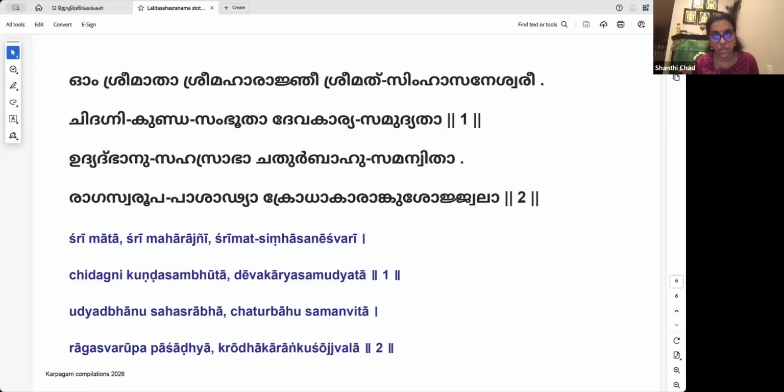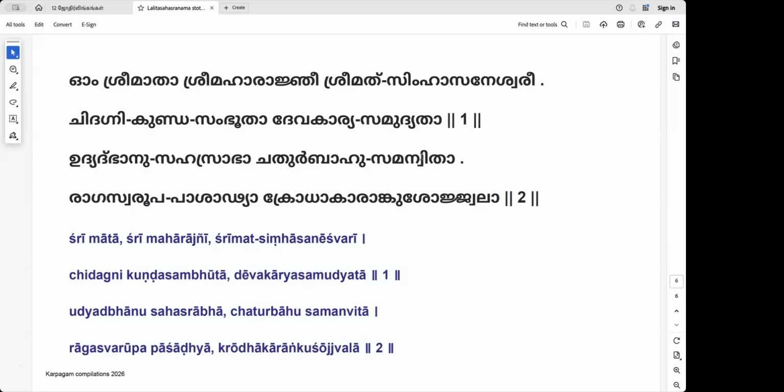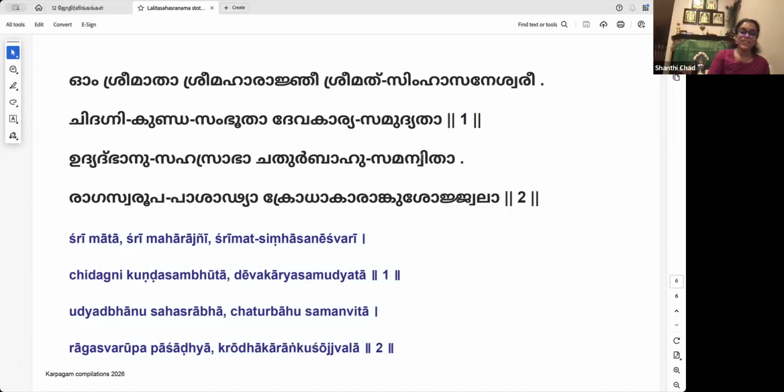And here it's Saman with no V sound issue, okay? The English one is the correct one. If you see the Sanskrit one, it is only NV. I'll find out if there is a better script. Samanvita, Chaturbahu Samanvita.